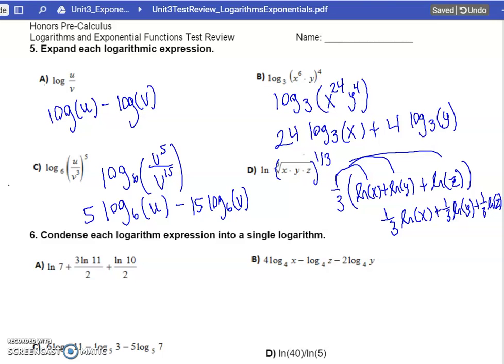Going now to condensing, same thing, but we're using the laws in reverse. So let me just rewrite this first, applying the power property. So I'm going to have ln of 11 to the 3/2 power, and then ln of 10 to the 1/2 power.